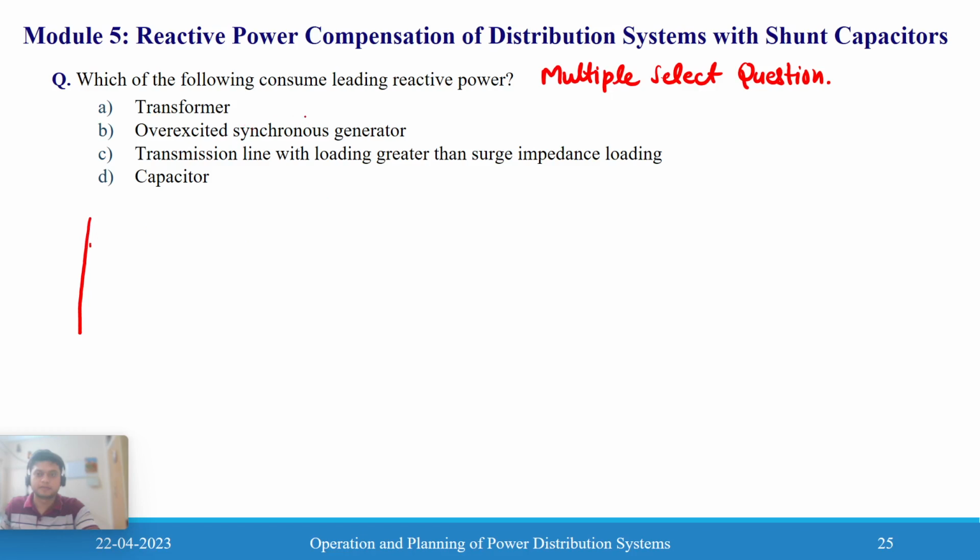All overexcited machines, either motor or generator, will consume leading reactive power and deliver lagging reactive power, which improves the power factor.